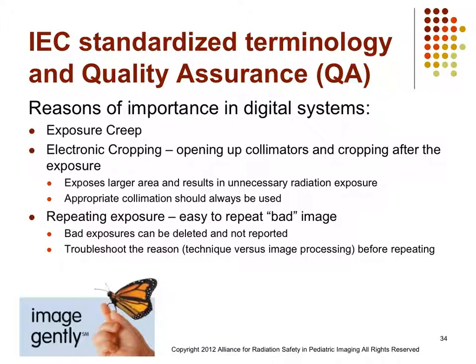Yes, repeating exposures is very easy to do. So each time that we do that, not only are we double exposing our patient, but just think about, because of these systems and how they work, maybe we were +2 on the first one and we failed to manipulate our technique on the repeat. So a +2 is a 60%, and then we repeat, and then it's still +2.